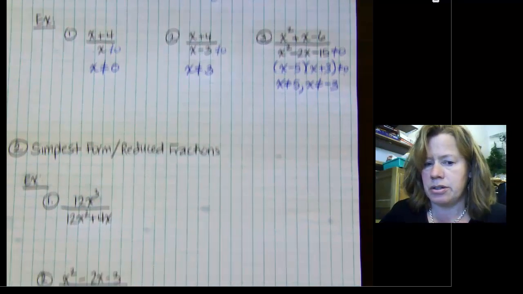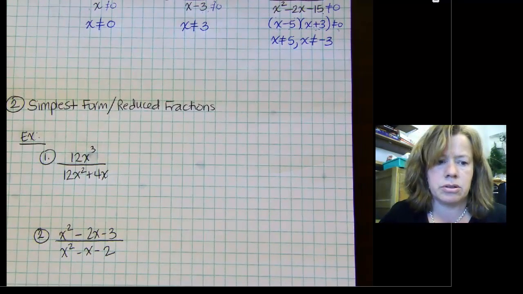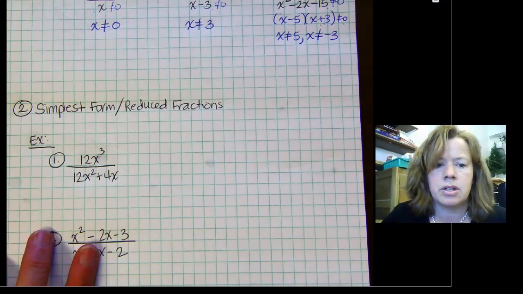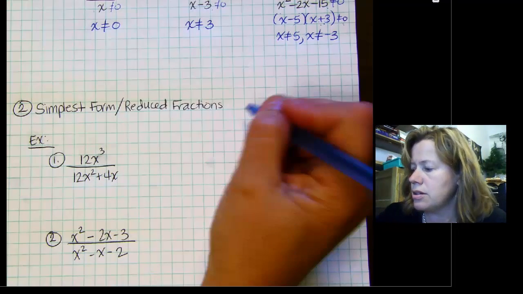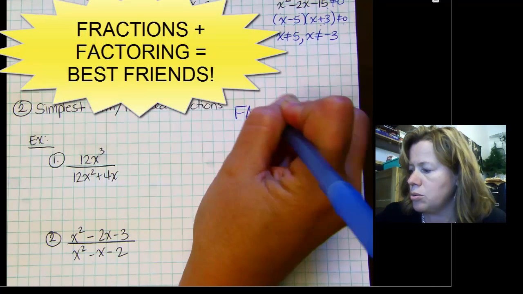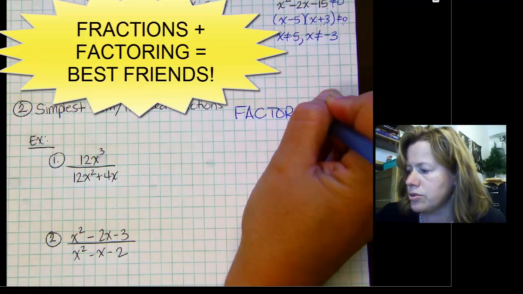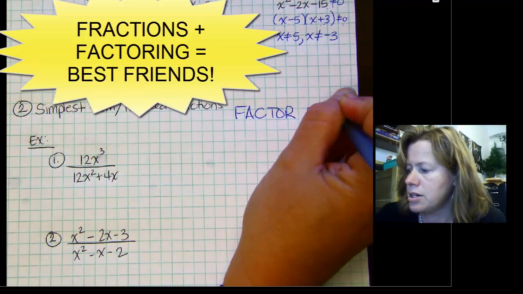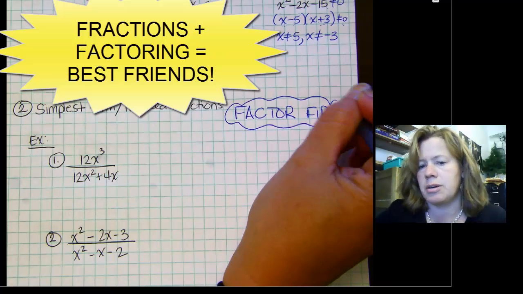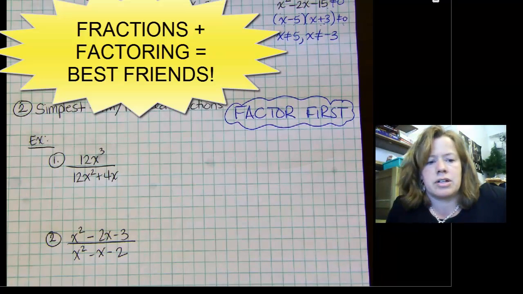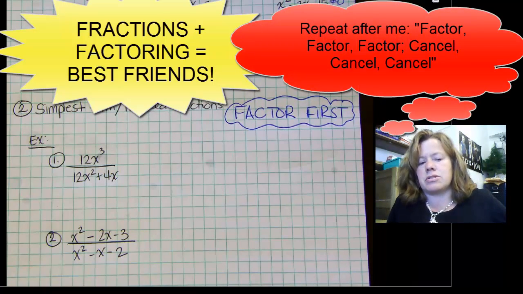The last part of today is simplifying fractions, or getting them in reduced or simplest form. Now, the key is, again, factoring. You always factor first. You can never cancel things top to bottom that are attached by pluses and minuses, unless they're entire factors.